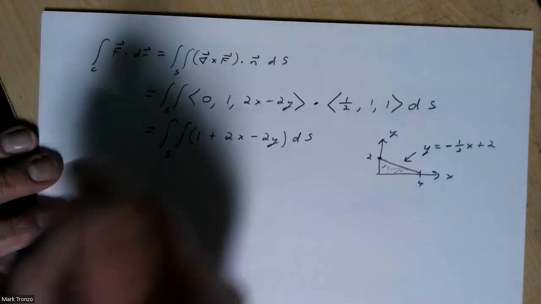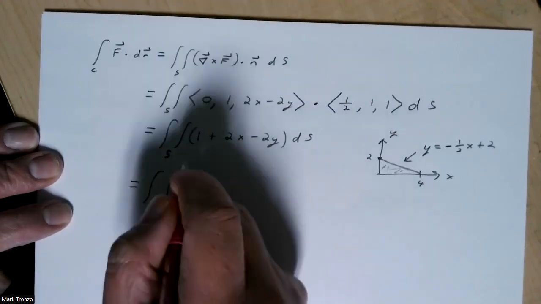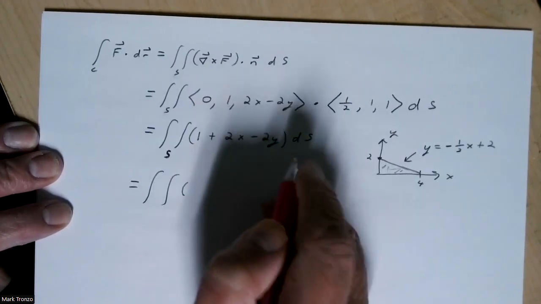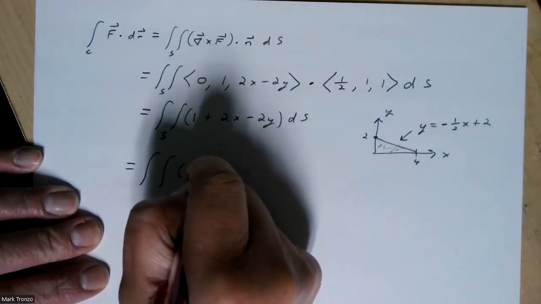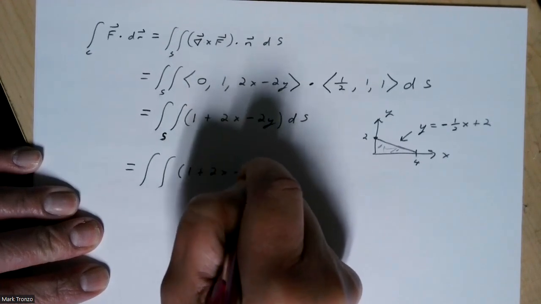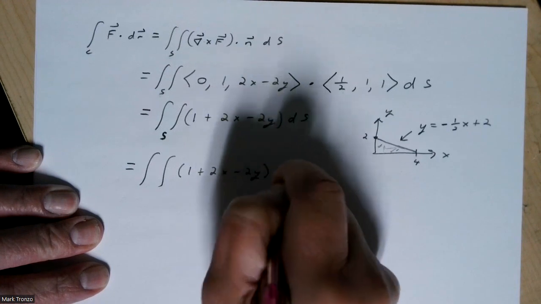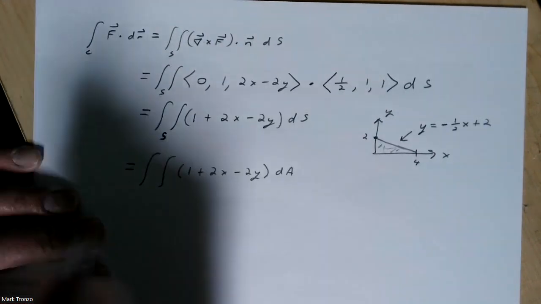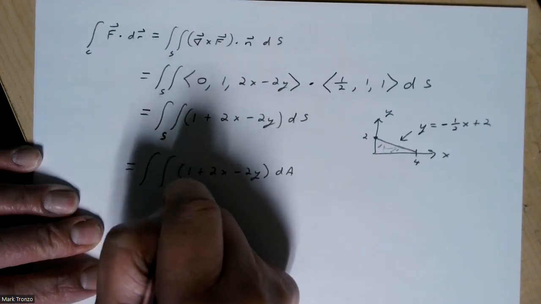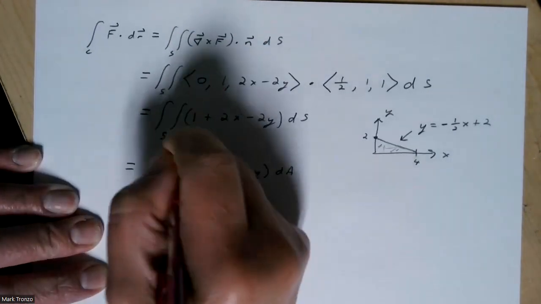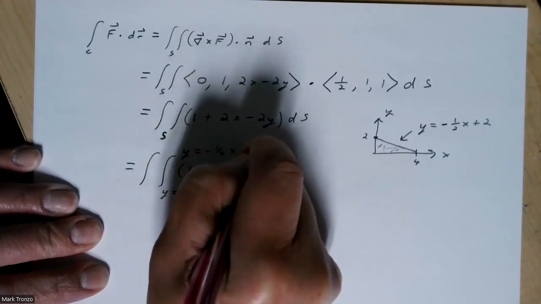So now that we have our domain, this will become dA over here. This will be 1 plus 2x minus 2y dA. And then from y equals 0 to y equals minus 1/2 x plus 2.